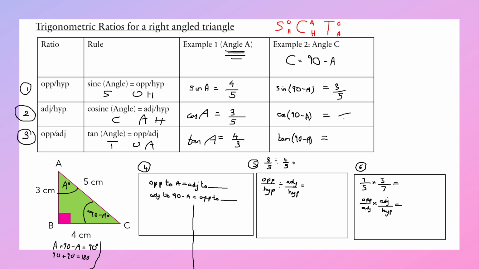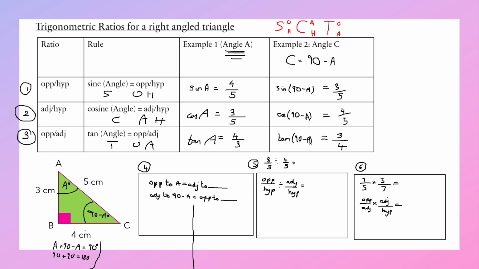I'm going to put the 5 at the bottom because you already know what that is. Adjacent is touching the C, the 4 centimeters. So I'm going to put 4 here. And tan of an angle is opposite over adjacent. So opposite was 3, adjacent was 4, so I'm going to put 3 over 4.